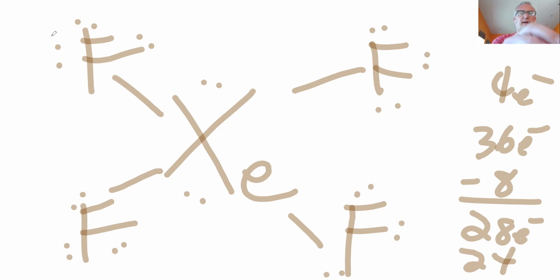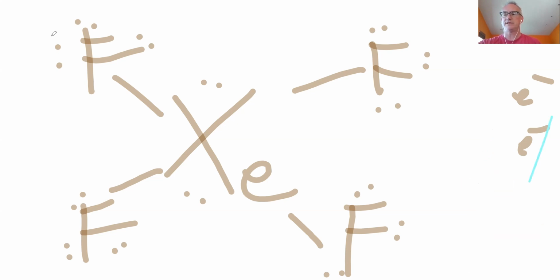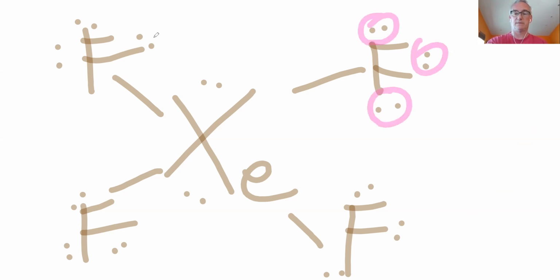So let's figure out how many total electrons each fluorine has. 8. They each have 8, right? 2, 4, 6, 8. So they each have 8 that satisfy the octet rule. The fluorines are all chill. So the fluorines are fine. How many total electrons does the xenon have?